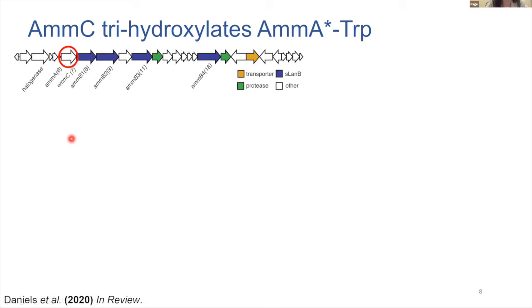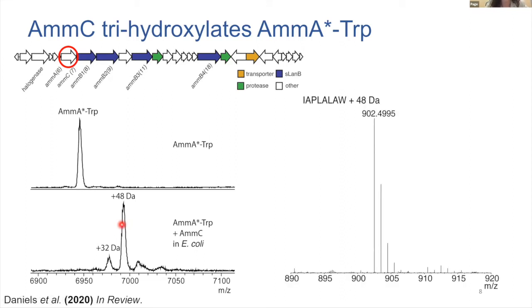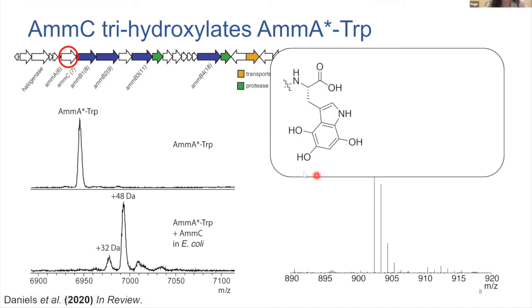So we did this analysis and found that AmmA star Trp is modified by AmmC and is trihydroxylated by this enzyme in an FMN-dependent manner. We corroborated this finding with high-res mass spec to confirm that the modification was, at least, to the C-terminal fragment. And we predict that this is the structure that we now observe, this triphenolic species.